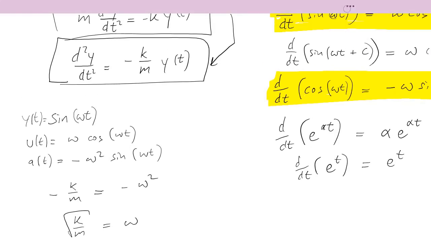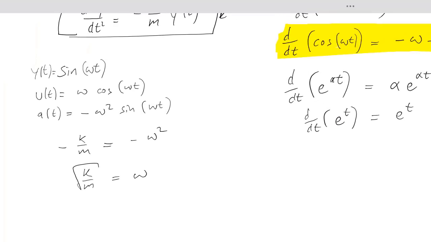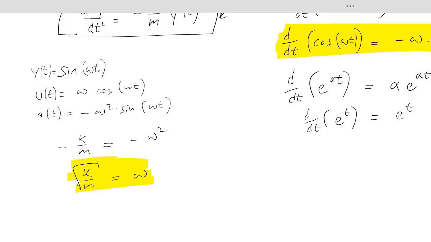What this tells us is that a heavier mass, now it's a bigger m, means a slower omega. Again, that was the angular frequency.